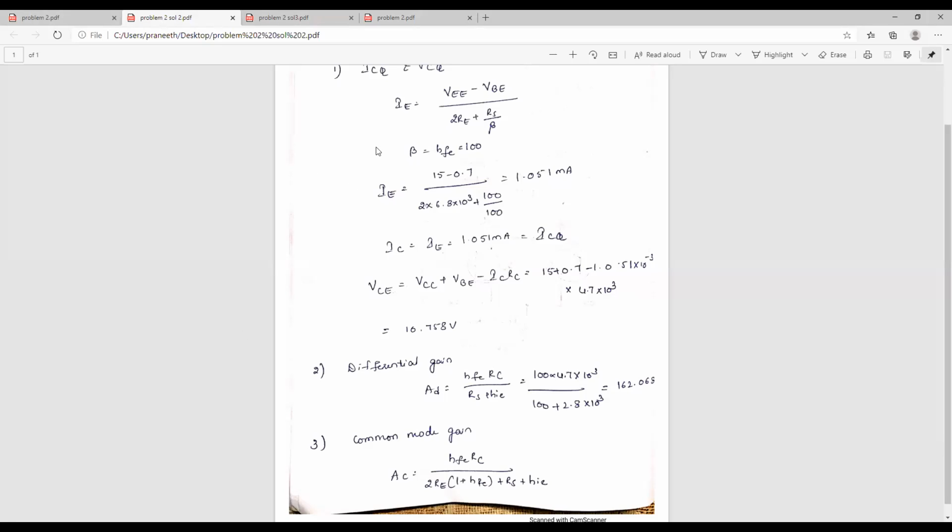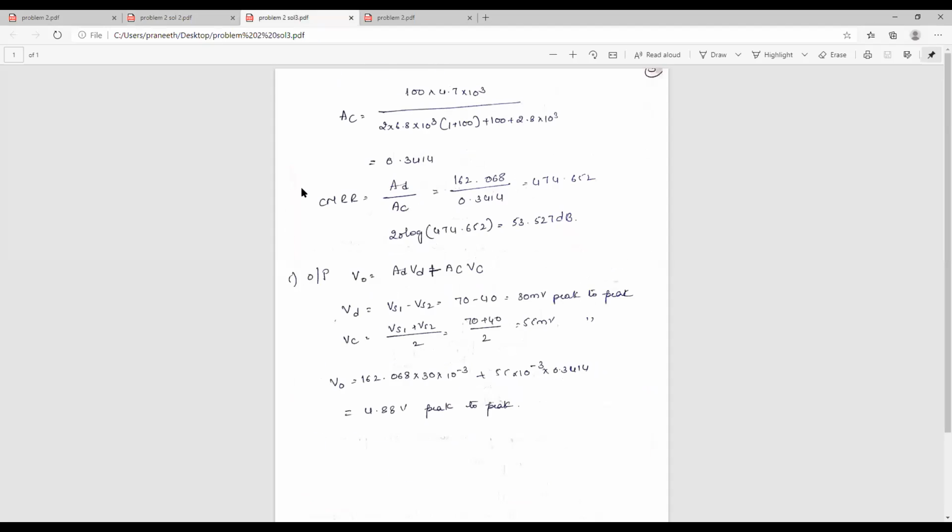You calculated the differential gain by directly substituting in the formula. Similarly, you calculated the common mode gain by direct substitution. Each and every data has been given, right? Next, you have calculated CMRR by taking the formula AD by AC, where you have already obtained these two values and just substituted them. And you have obtained this value in terms of dB by applying 20 log to the obtained value.